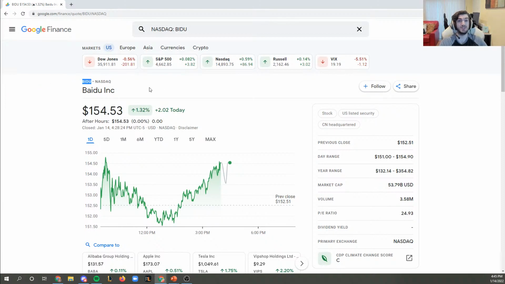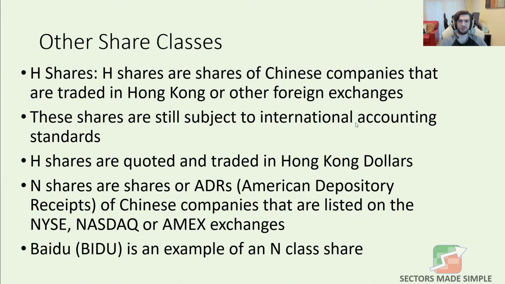Alibaba, the exact same thing. But you remember those international accounting standards? That's one of the main reasons that Alibaba decided to delist from the US exchanges.